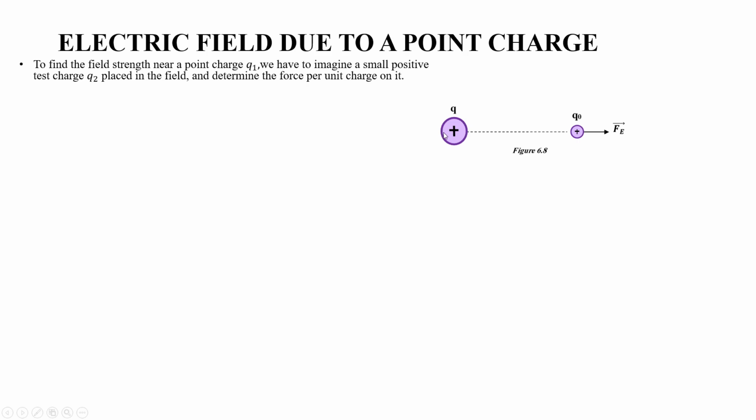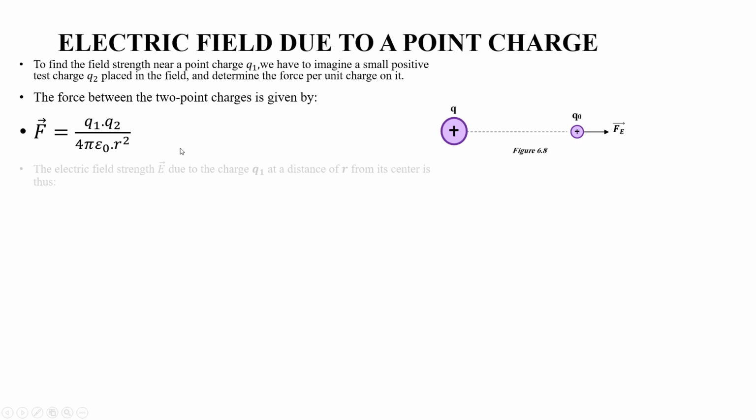So we are going to find the electric force per unit charge of these two electric charges. The force between the 2 point charges is given by F is equal to Q1 Q2, the product of two charges, divided by the constant value 4 pi epsilon naught, multiplied by the square of the distance between these two charges, as we have studied in Coulomb's law.